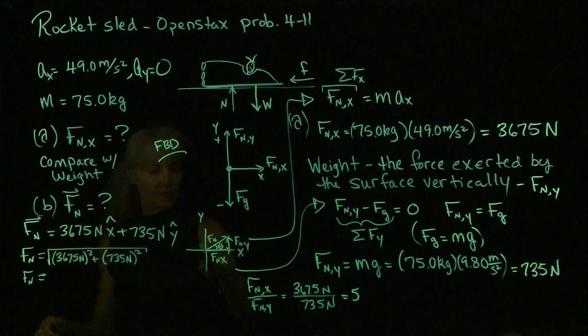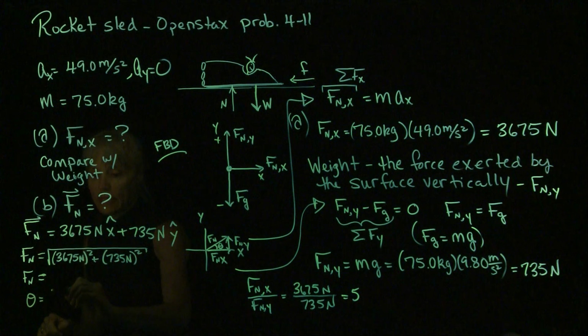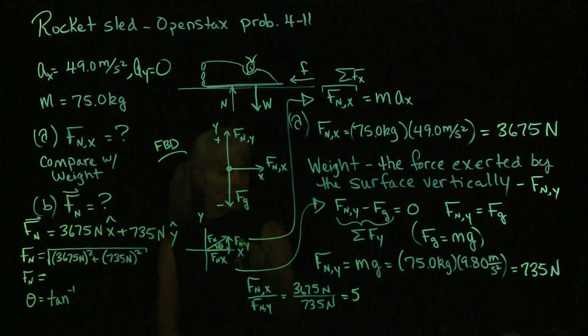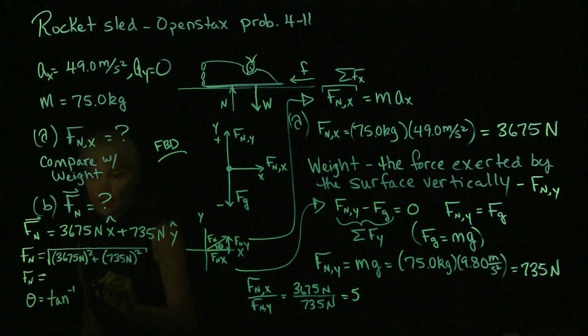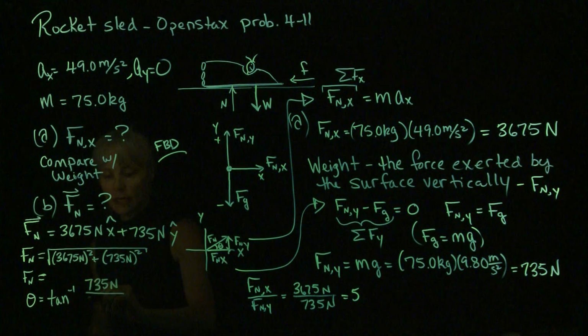And now what about this angle theta? Well, that angle theta can be written as the tangent inverse of opposite over adjacent, opposite side being the y component, and the y component's the 735 newtons, divided by the adjacent side's the x component, and that's 3675 newtons.